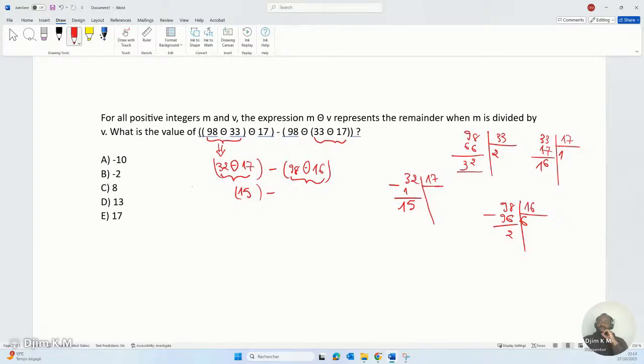So this will be 2 here. So we basically have 15 minus 2, which is equal to 13. So answer D.